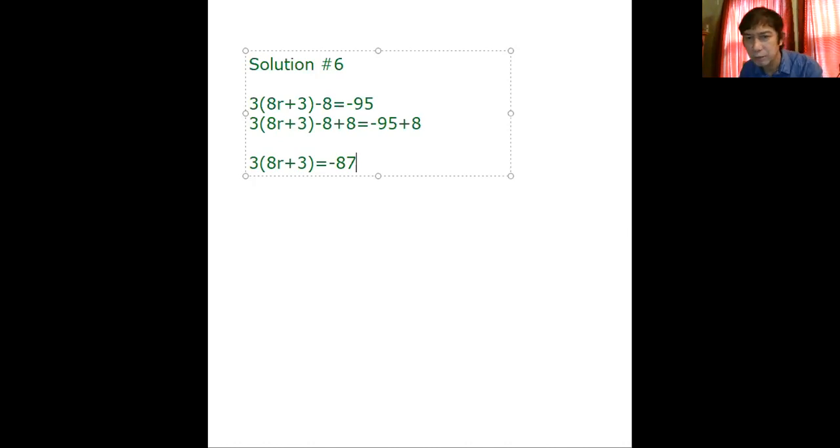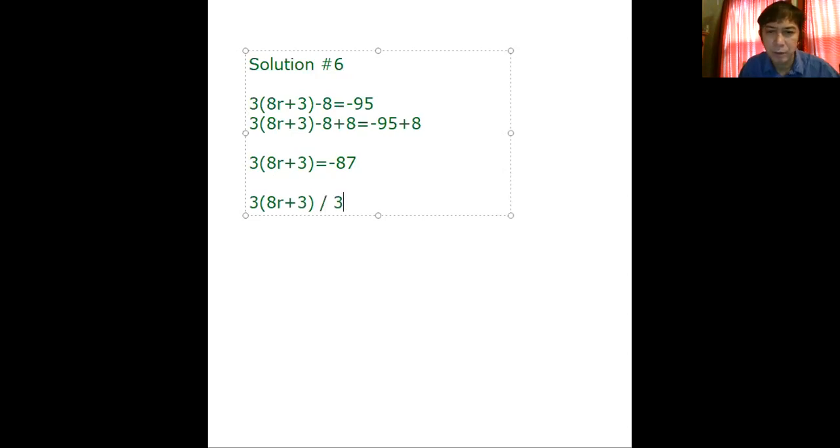So we will proceed now to the next line by way of division. All right, so this is now 3 times the quantity 8R plus 3. We divide now by 3, and the right side, negative 87, is also divided by 3. There.